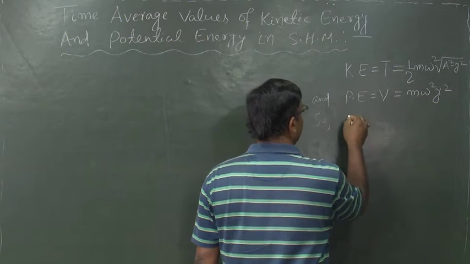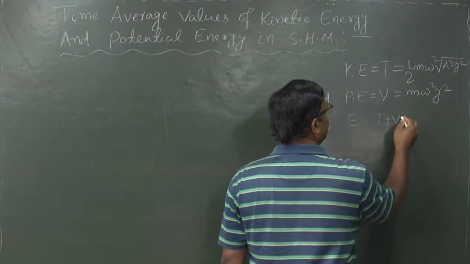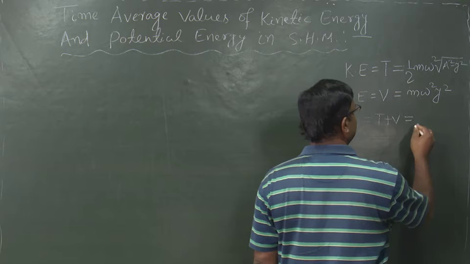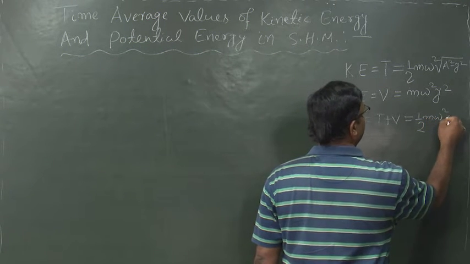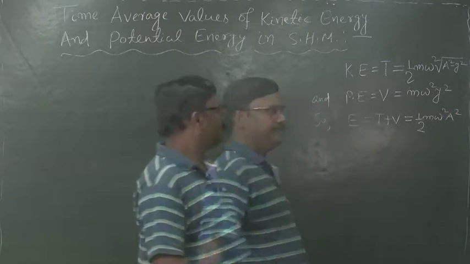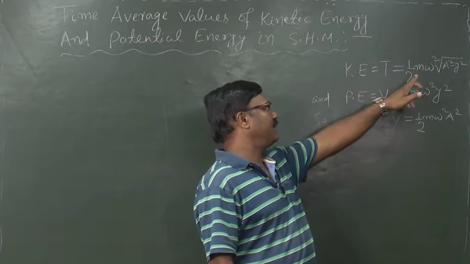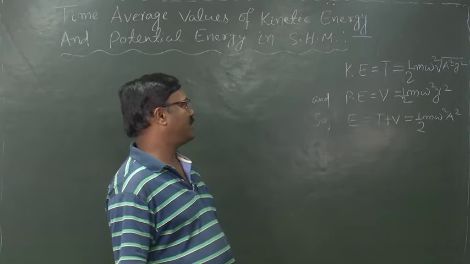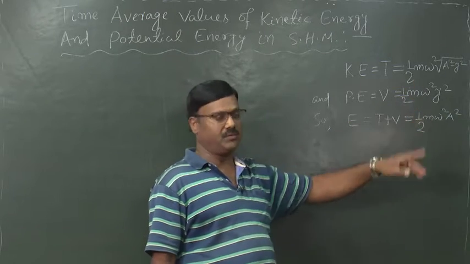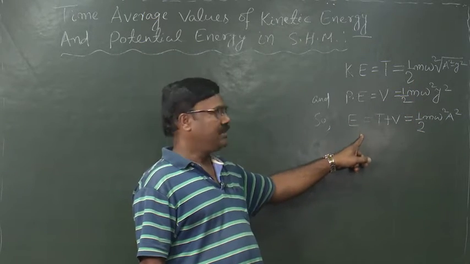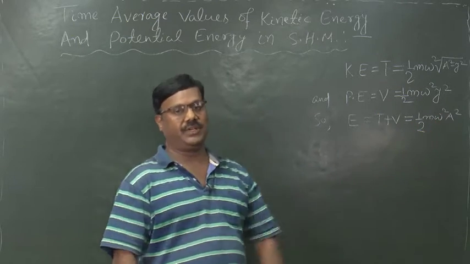So, total energy is equal to the sum of kinetic energy and potential energy, which is half m omega square a square. Sorry, here the kinetic energy T is equal to half m omega square root over of a square minus y square. Potential energy V is equal to half m omega square y square, and total energy is equal to T plus V equal to half m omega square a square.